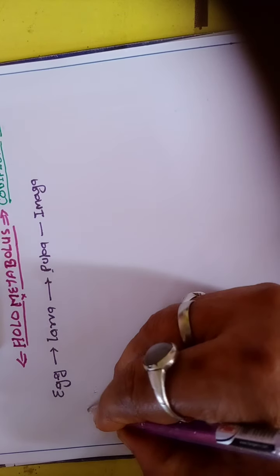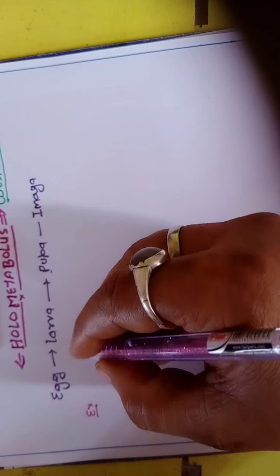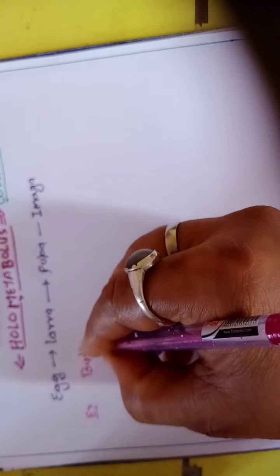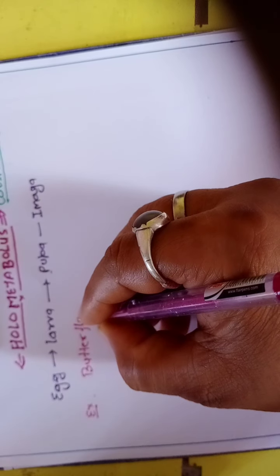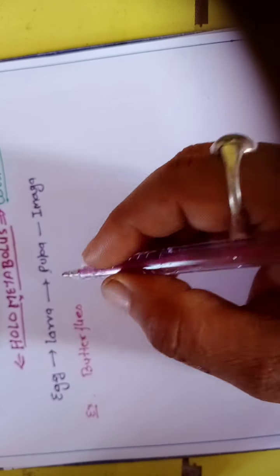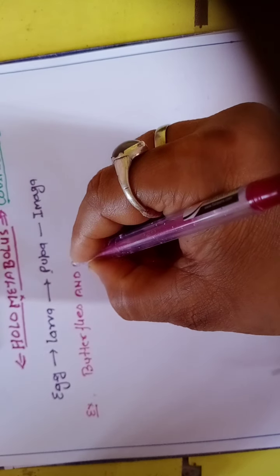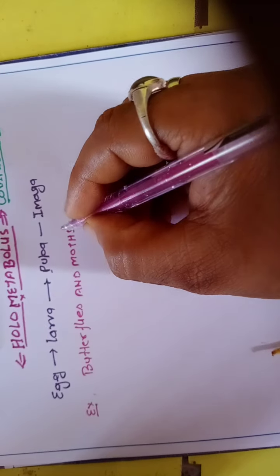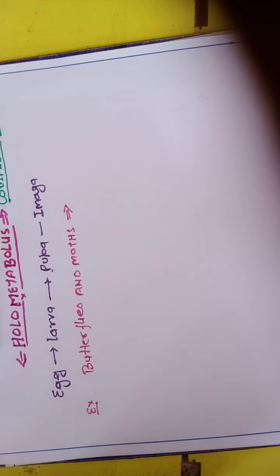Example, if we are going to note some examples here, examples are very important. So you know butterfly and moth. In moths and butterflies, a special type of larva is present, and this larva is known as caterpillar.